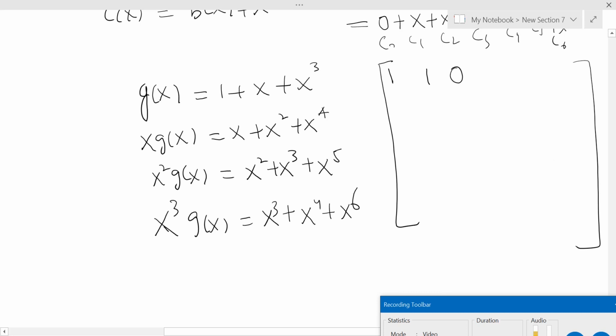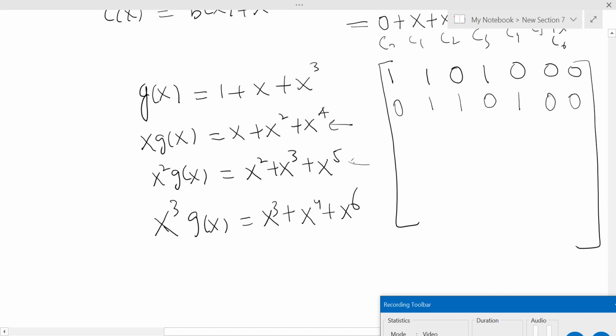Okay, x cube is there, so 1. X to the power 4 is missing, 0. X to the power 5 is missing, 0. X to the power 6 is missing, 0, right? Second row, here the constant term is missing, so 0. First degree term is there, 1. Second degree term is there. Cube term is missing. 4th degree term is there. Then 5th degree missing, 6th degree missing.